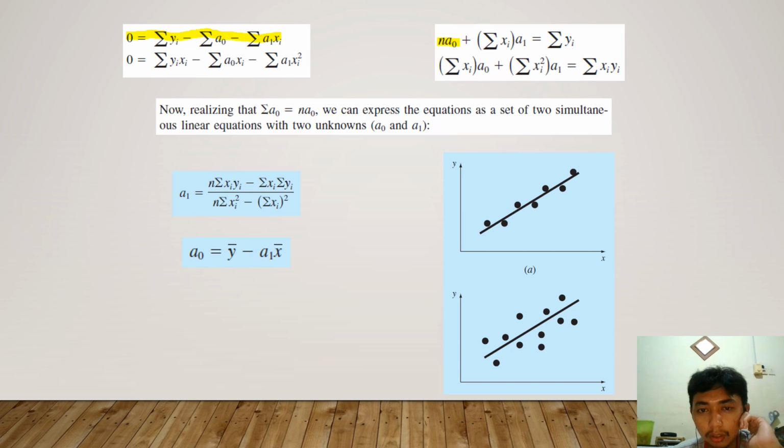We can express the equation as a set of two simultaneous linear equations with two unknowns, a1 and a0. Then we obtain a1 equal to this and a0 equal to this.